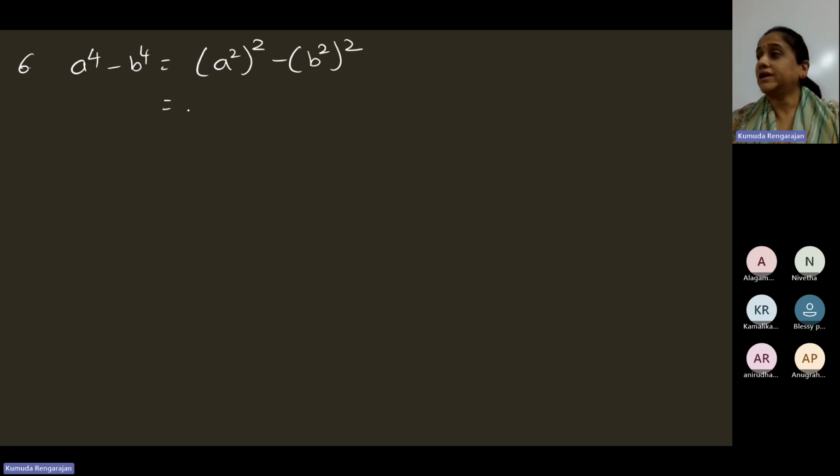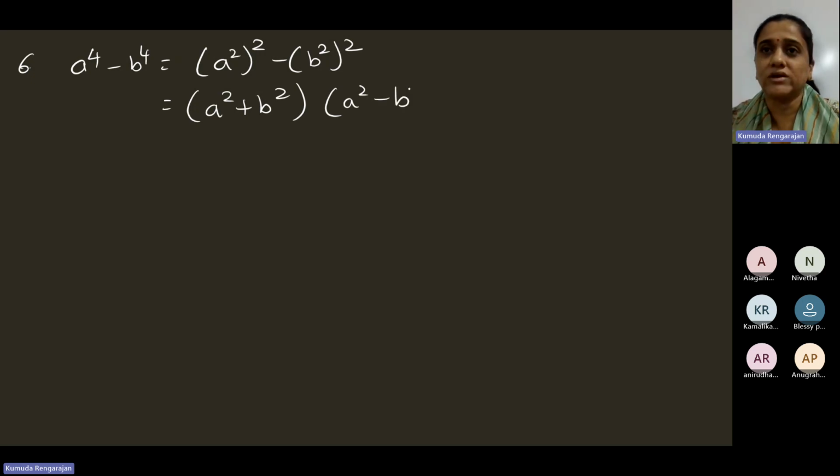Correct? So now it's a difference of two squares. So it will be (a square plus b square) into (a square minus b square), because it's like x square minus y square, (x plus y) into (x minus y).